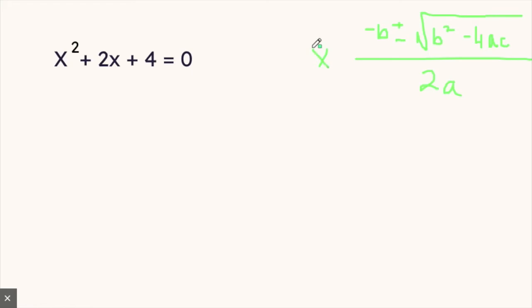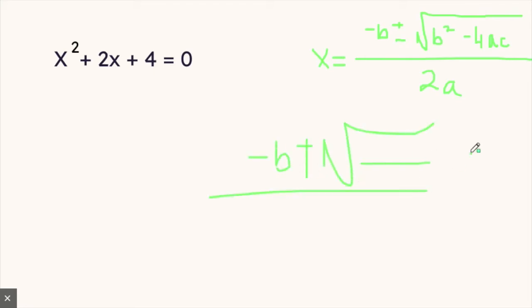And this is going to equal x. What plus minus means in this case is the solution can be written both as negative b plus the square root of all of that, and negative b minus. So this is basically combining these two forms of the same thing.